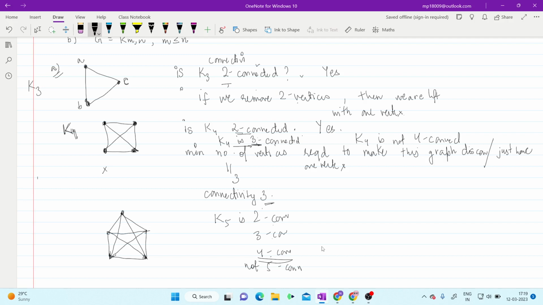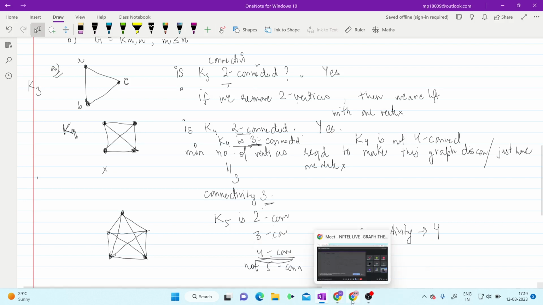So 4 is the largest K for which G is K connected, therefore connectivity is 4. Is this clear? The definition of K connectedness and connectivity.